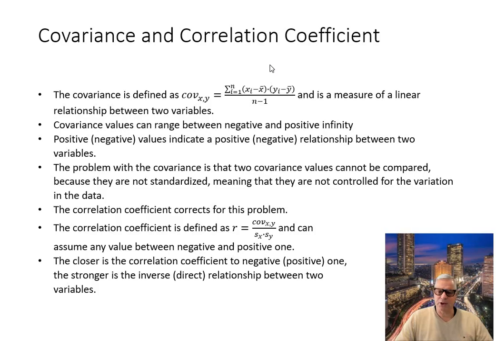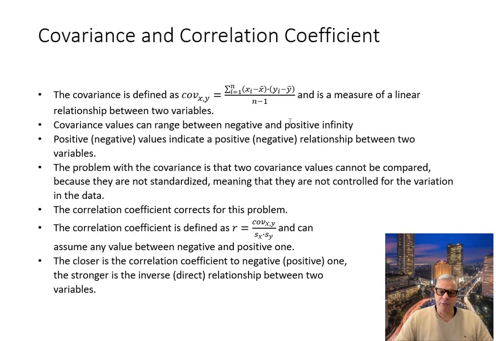So whenever we get a covariance which is positive, we can expect a positive relationship, and whenever we get a covariance which is negative, then we would expect an inverse relationship.